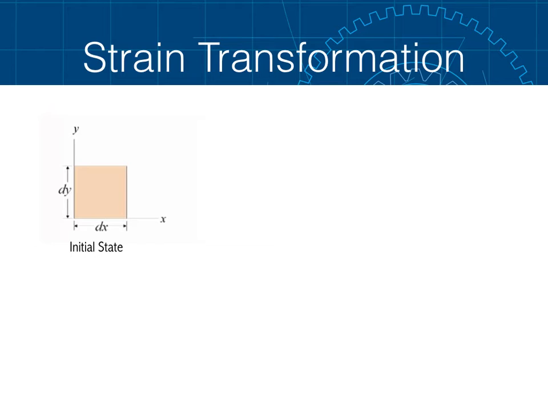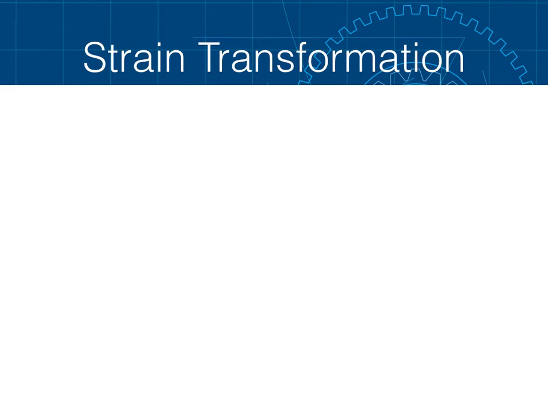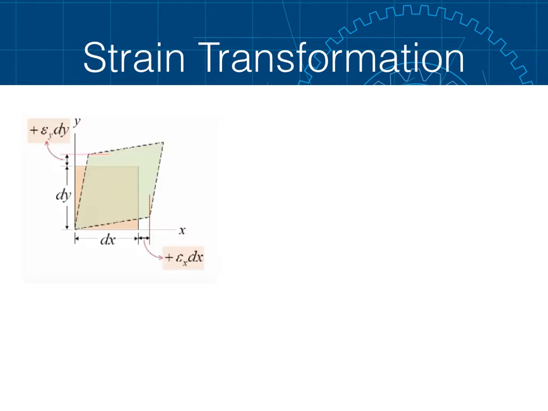Now, let's deform this body. Now the body is deformed. This is the deformed state. To calculate the strains experienced by the object, we measure the distance changed along the y-axis, as well as the distance change along the x-axis.